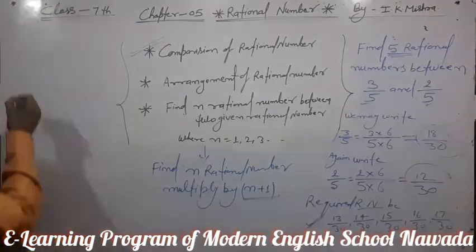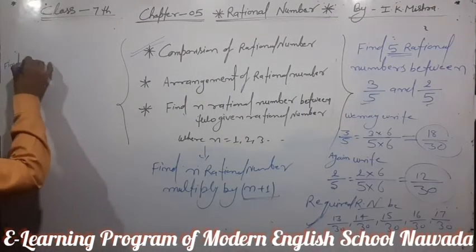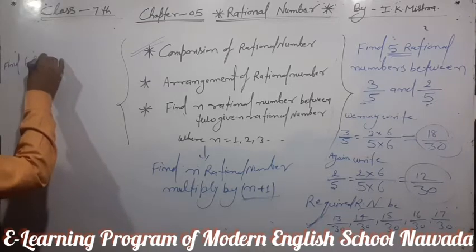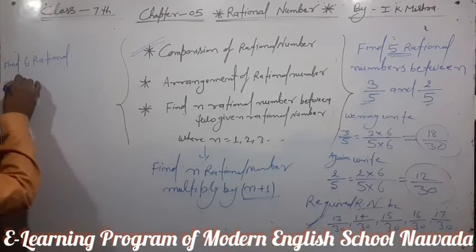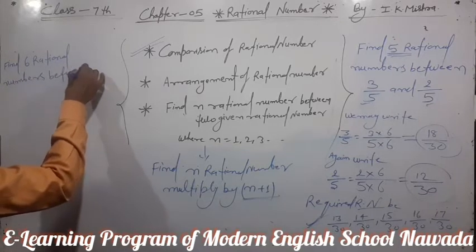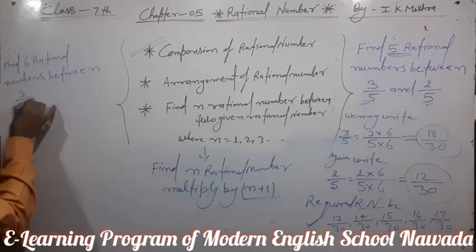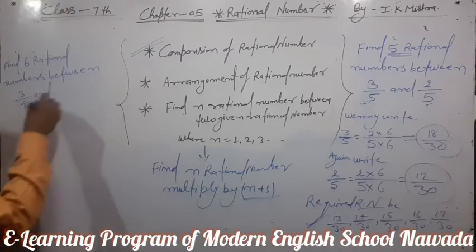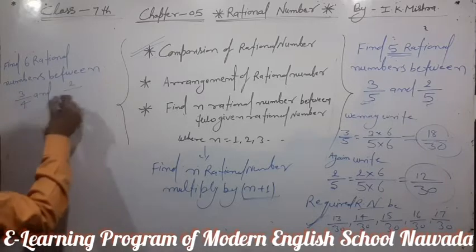Here suppose you have to find 6 rational numbers between 3 by 4 and 2 by 5.